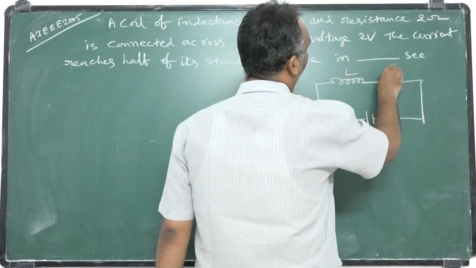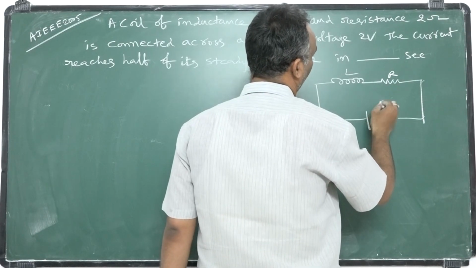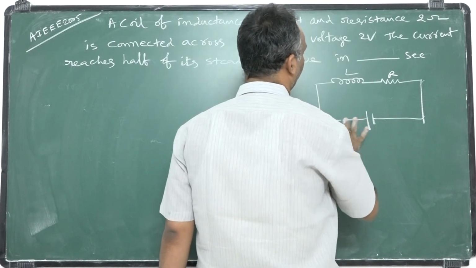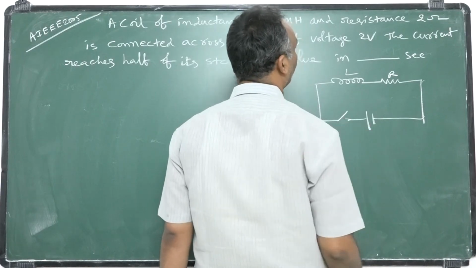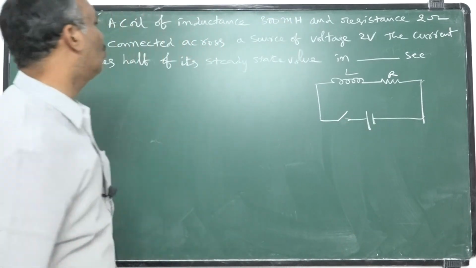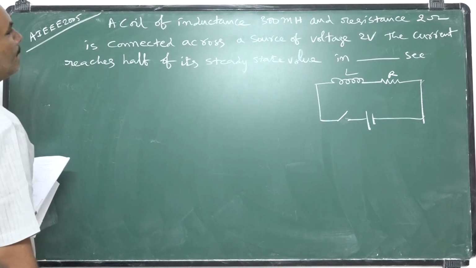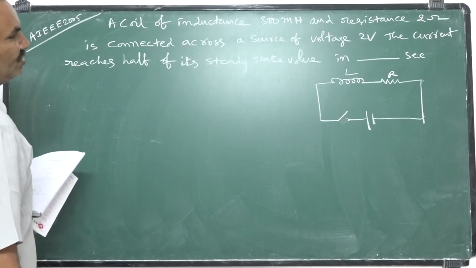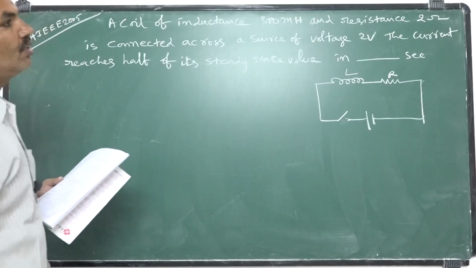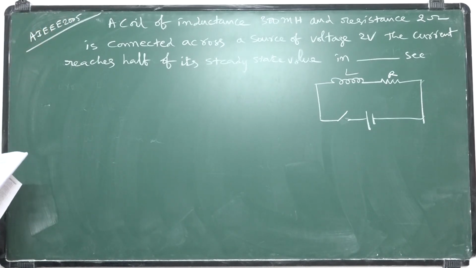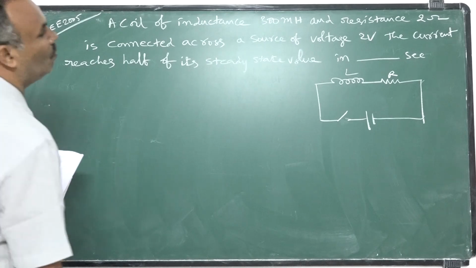It is LR decay or growth, you should understand. As they said, the current reaches half of its steady state value, so it is under growth condition, current gradually increasing and going to reach half of the maximum value.